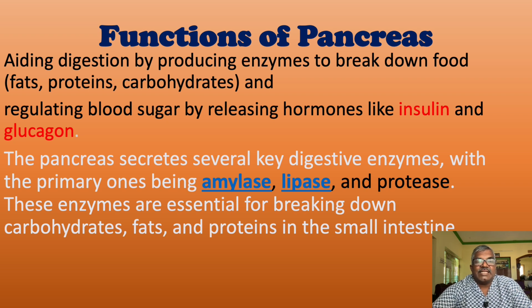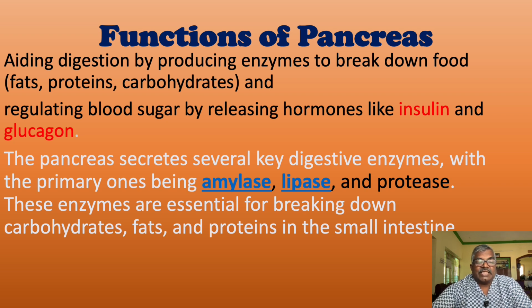So these are the enzymes used to break down the key components of the food items, and it also works as an endocrine gland. That means it can produce hormones like insulin and glucagon.